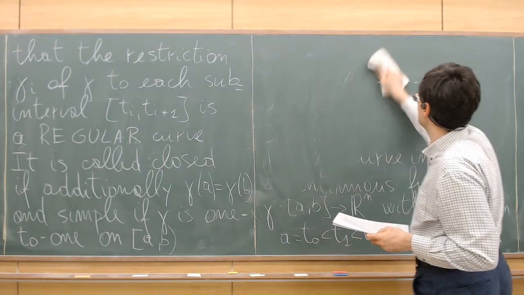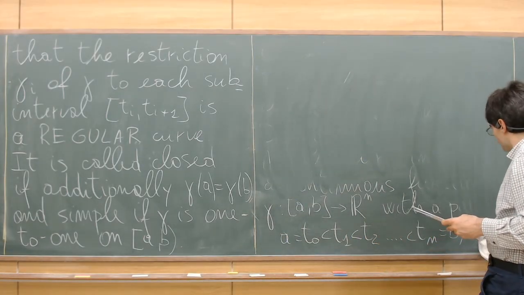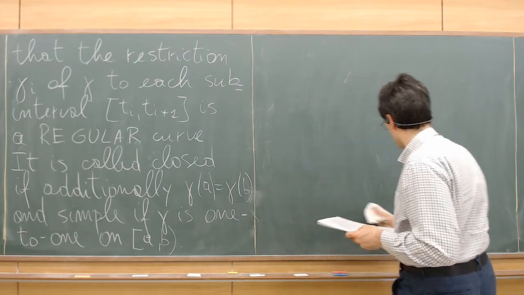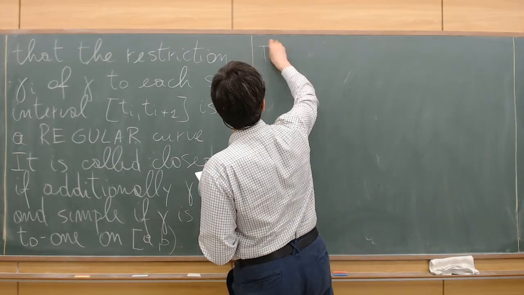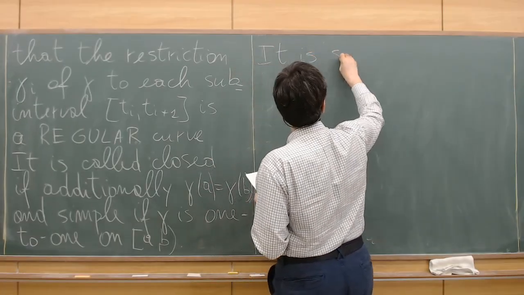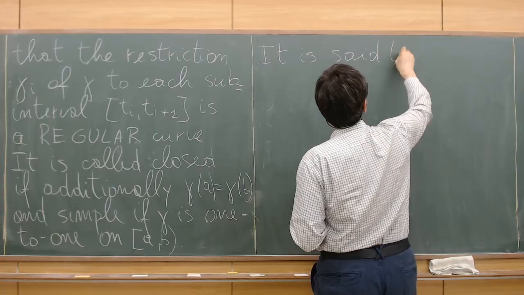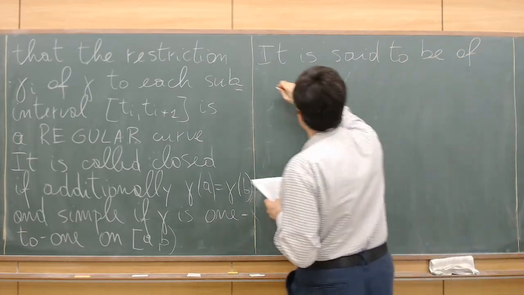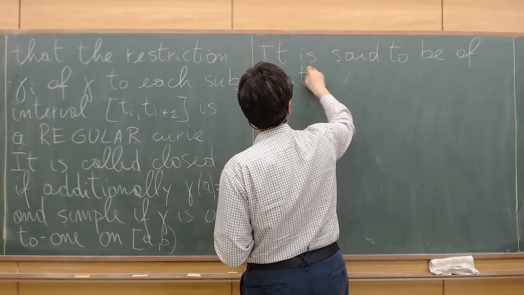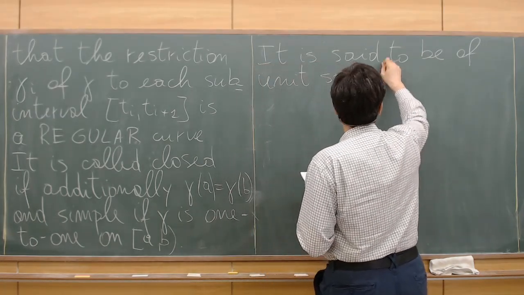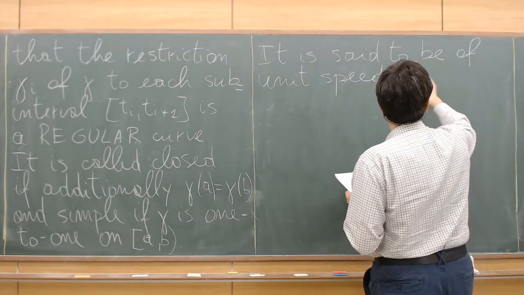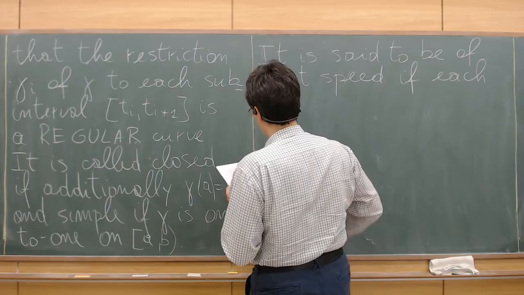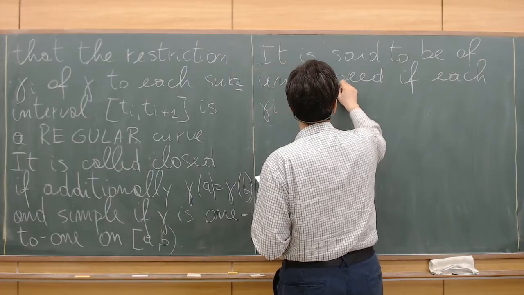It's not finished. It is said to be of unit speed if each gamma i is of unit speed.